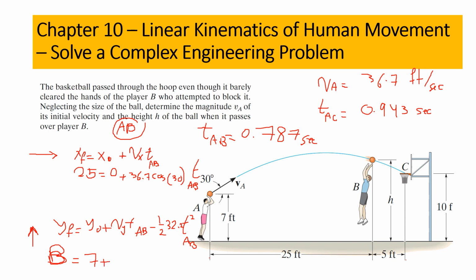So plus 36.7 sine 30 multiplied by TAB, 0.787, minus half 32.2 multiplied by 0.787 square. How many unknowns do I have here? 1. I get B immediately, because I substituted TAB and the other values, the VA. And if you did that, how much would that be? 11.5. Now, 11.5 what? Feet, right?